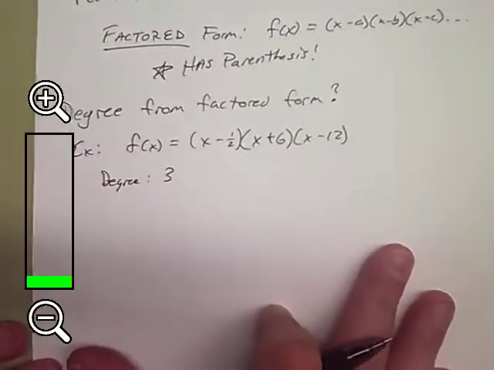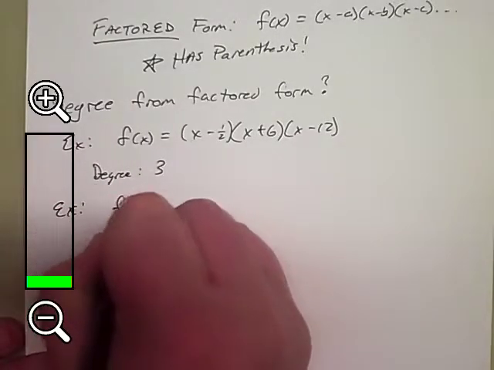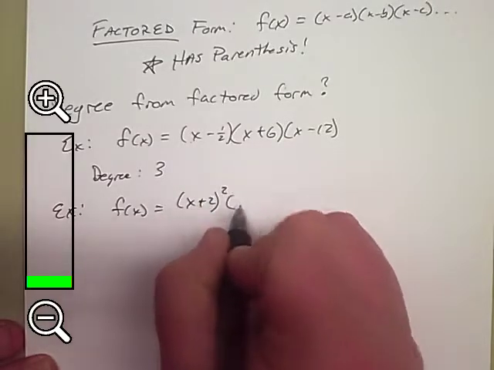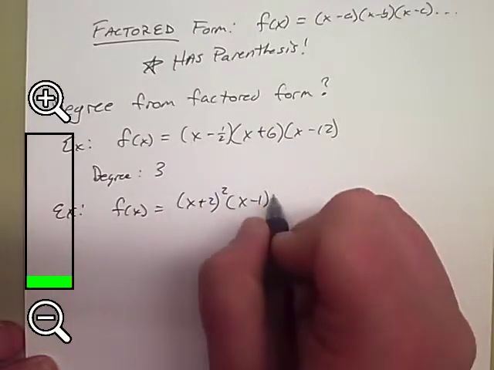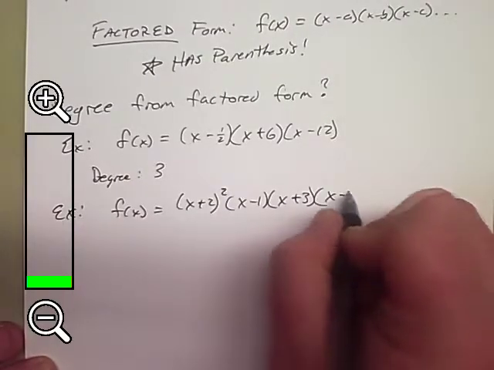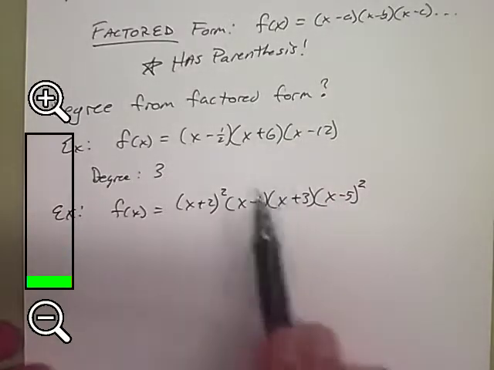Another example here real quick. If I have something like f of x equals, let's say x plus 2 squared, and x minus 1, x plus 3, and let's say x minus 5, and let's give that one a square as well.